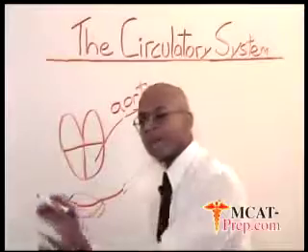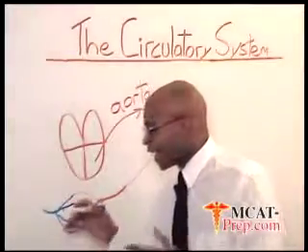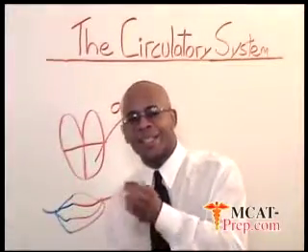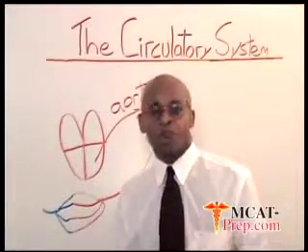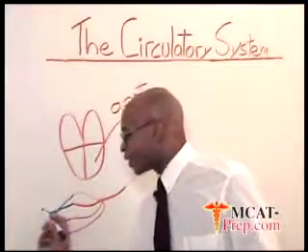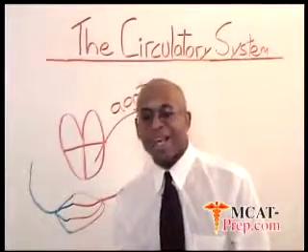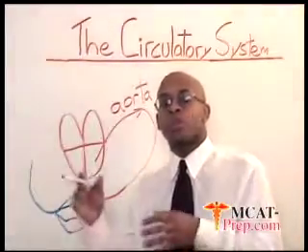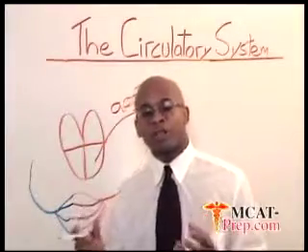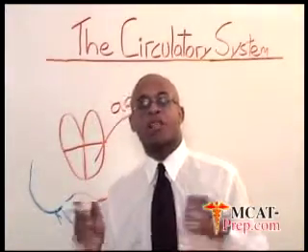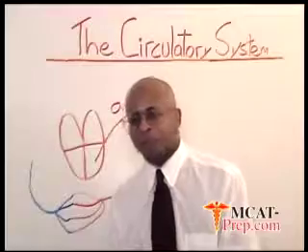So when it comes out of the capillary network, it now goes into tiny, tiny, tiny veins, which are venules. And then from these tiny veins, it goes into larger veins, and then eventually goes into one of the two largest veins in the body, which are called the venae cava.